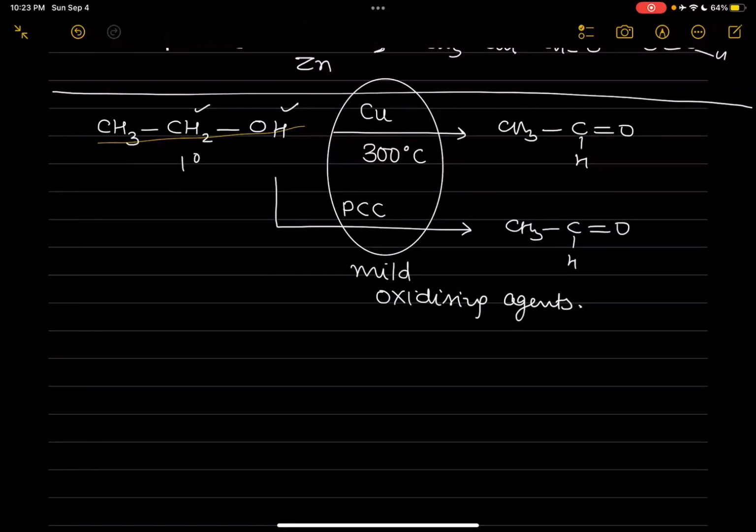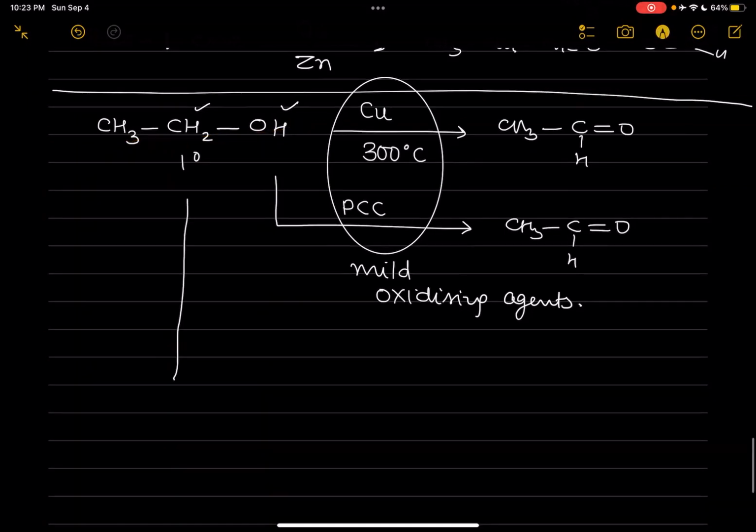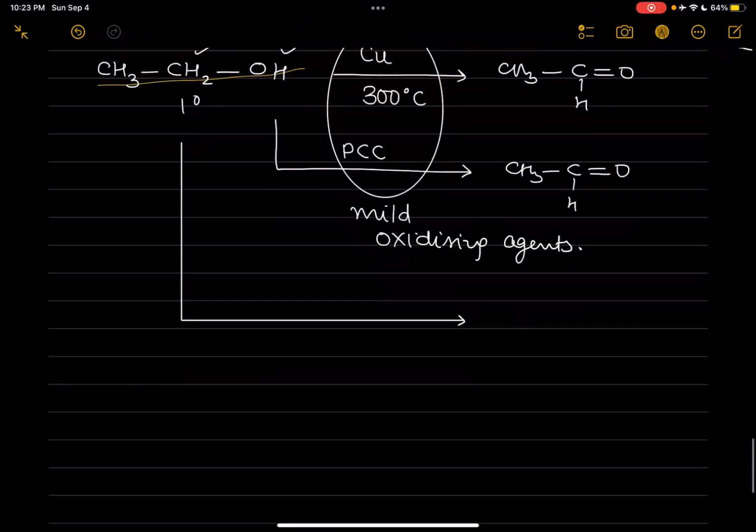Suppose you take strong oxidizing agents, what will you get? What are strong oxidizing agents? Can you tell me, Darshan? Acidified potassium permanganate. That's very strong.